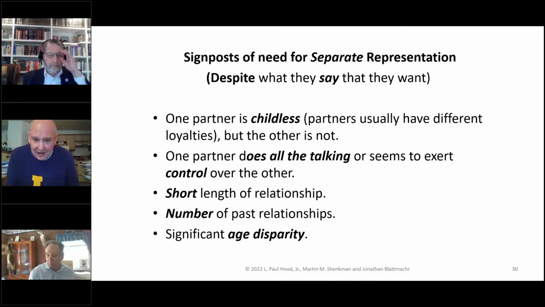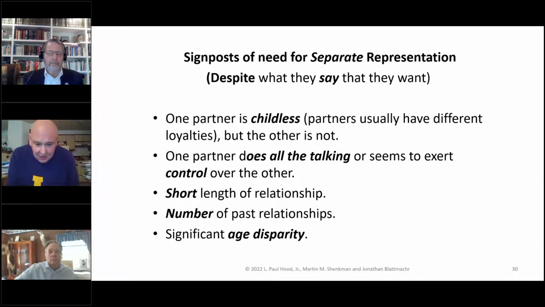Now, if you've got a couple who want you to represent them jointly, there may be some signs that it may not be in their best interest, despite what they're telling you they want.